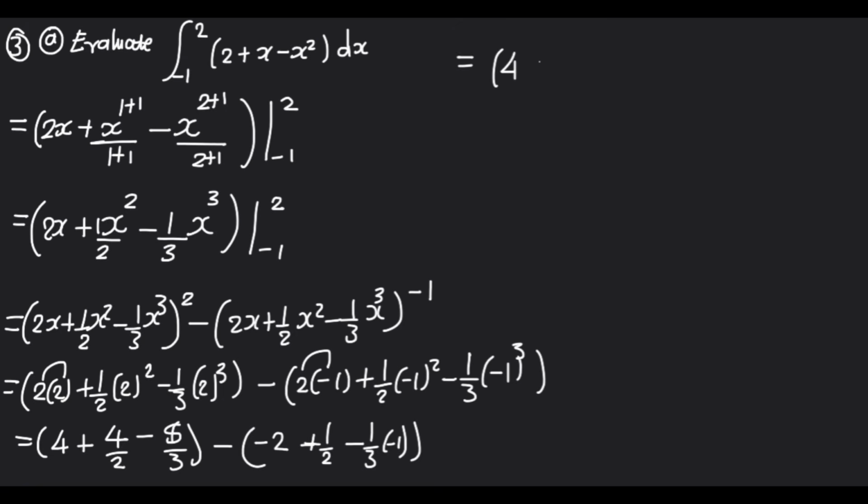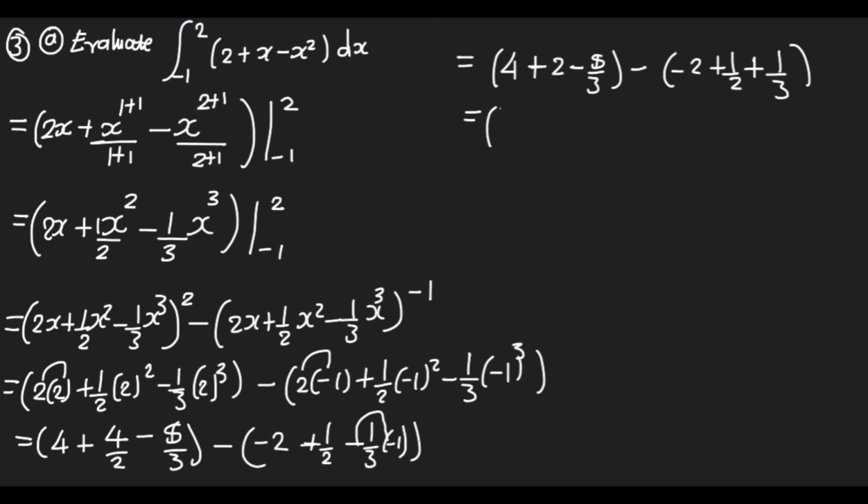So here we have 4 plus, we can divide 2 into 4 is 2, minus 8 over 3. Then here we have -2 plus 1 over 2. So this negative times the -1, we get positive 1 over 3. So let's see how we can simplify it.